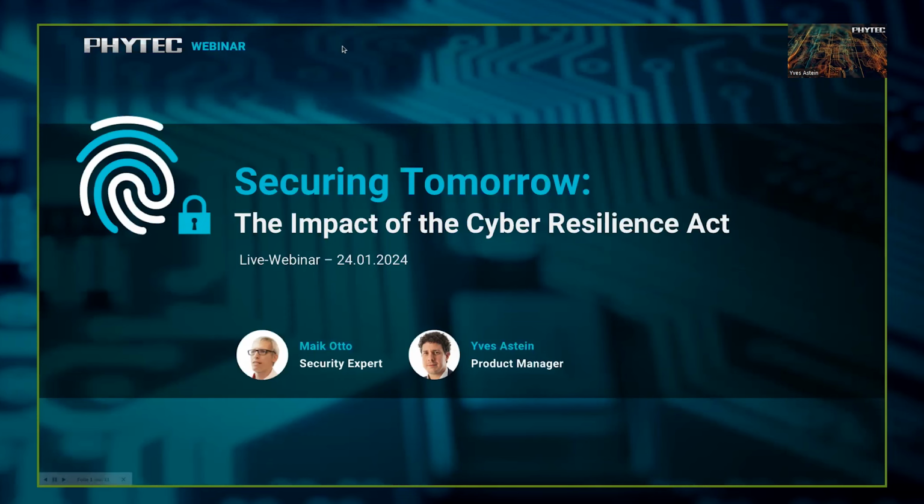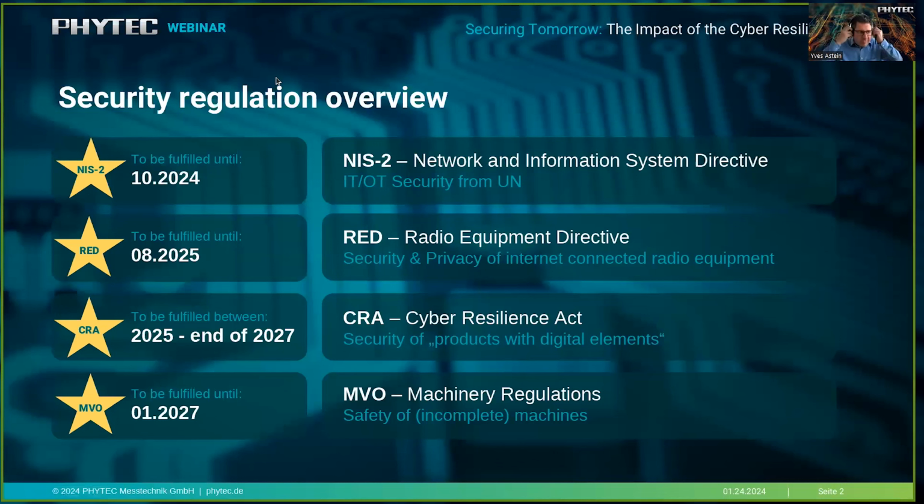Let's start with a little overview about the regulations. The first one is the Network and Information System Directive. It is very important for companies in the critical infrastructure and has security requirements for the company itself. We have a differentiation between essential and important entities. The affected essential entities are, for example, digital infrastructure, transport, energy, water management, and public administration.